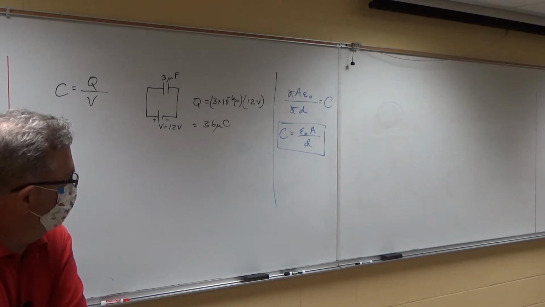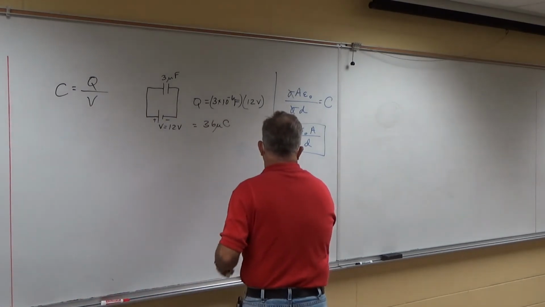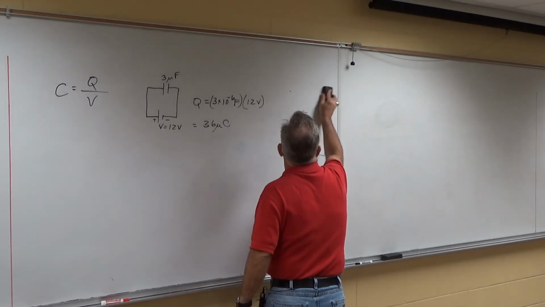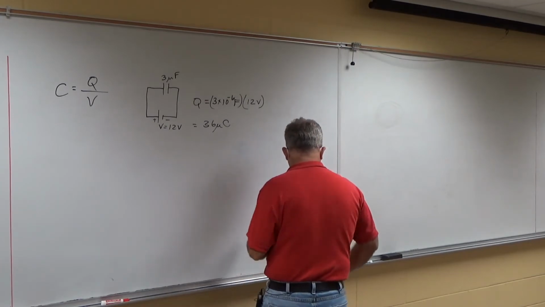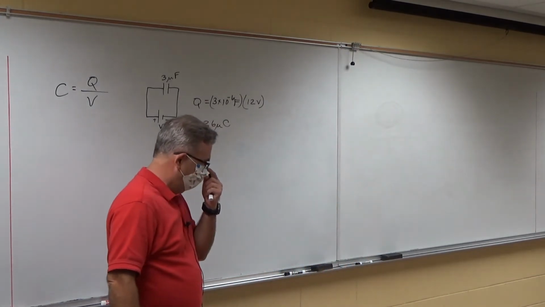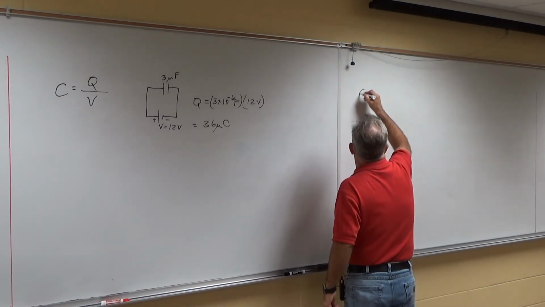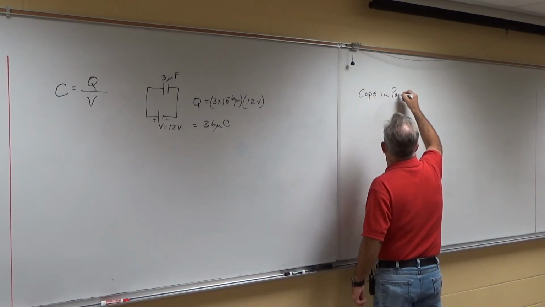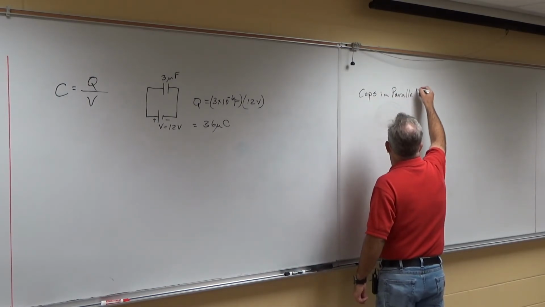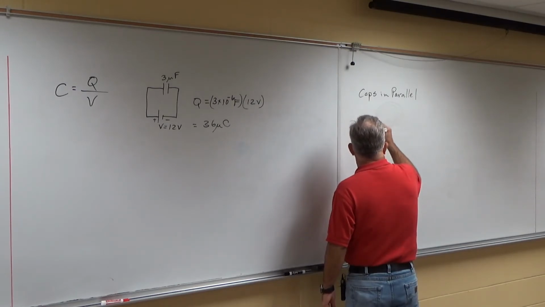This is what we're going to do. Let's look at combinations of capacitors, just like we did with resistors. I'll look at parallel first. Caps in parallel. When you say parallel, that is the connection.